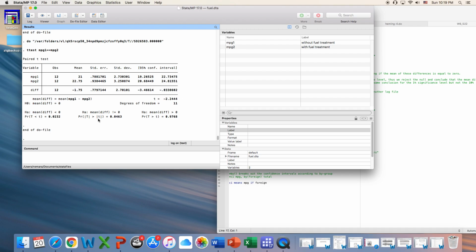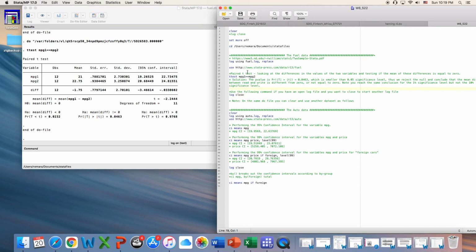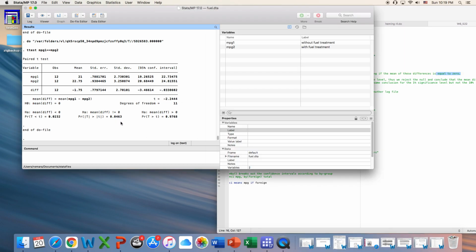So let's say the question here is straightforward, whether they are equal or not. Nobody said whether the mean of MPG1 is greater than the mean of MPG2. So the format of the question gives us the impression that you just need to look at the two-sided test: equal to 0, not equal to 0. If I look here, the p-value is less than 5%, because 5% is 0.05.